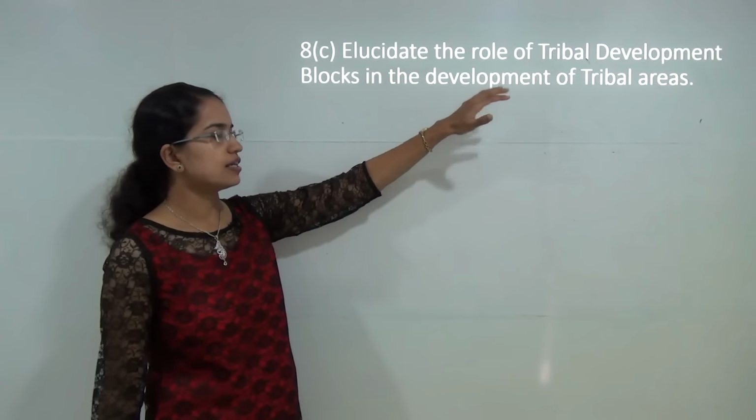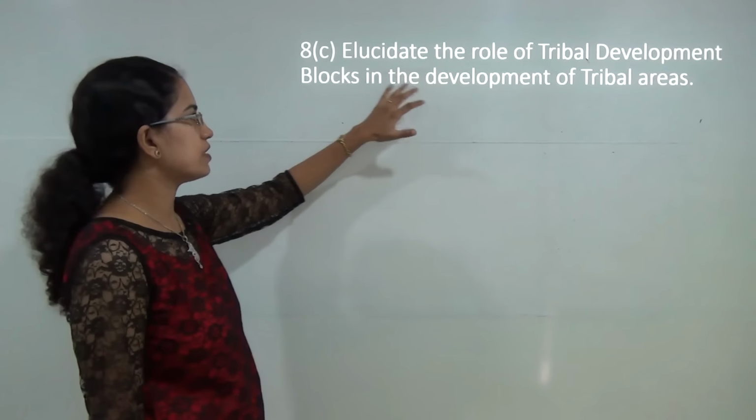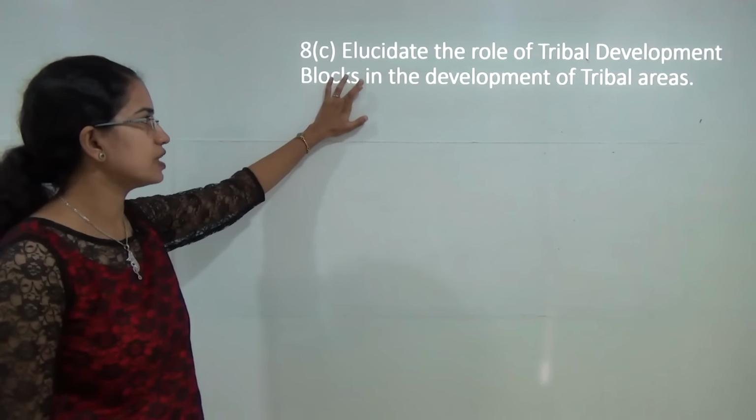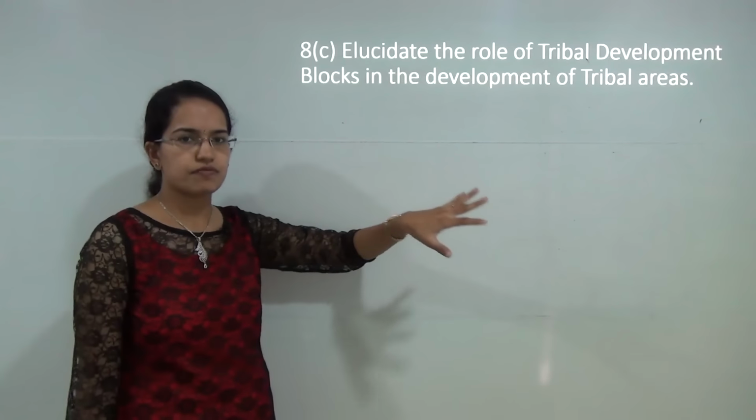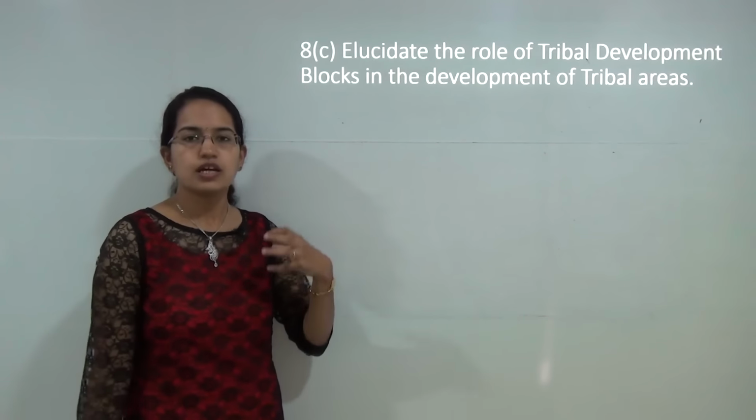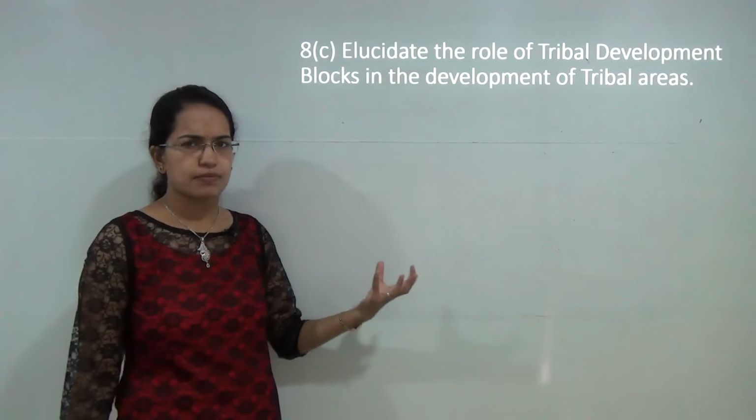Under the third five-year plan, you had tribal development blocks that were established, and under the fifth five-year plan you had focus on tribal sub-plans, which were mainly meant for the development and benefit of the tribal regions. So you have to explain those, show the progress, and give the statistics for the same. That is all included in our material, so you can refer to it.